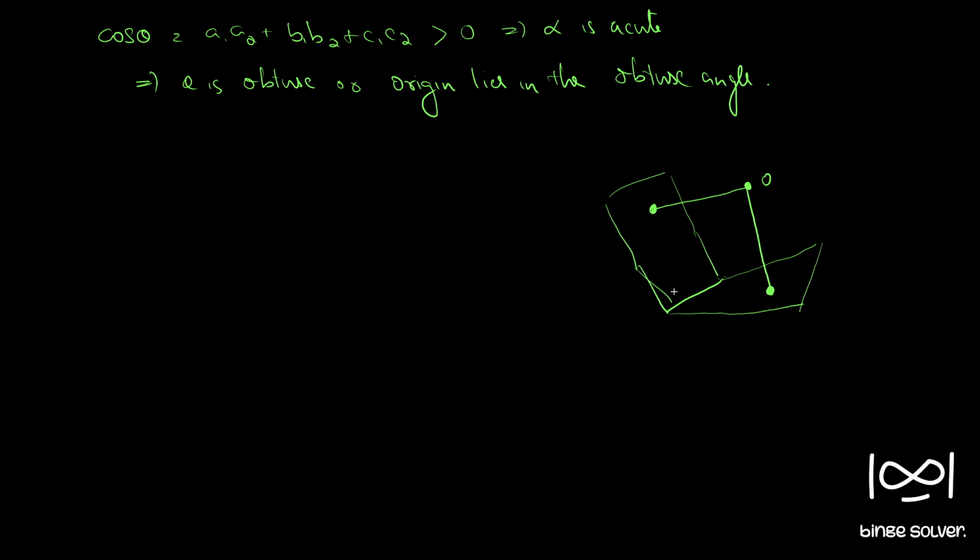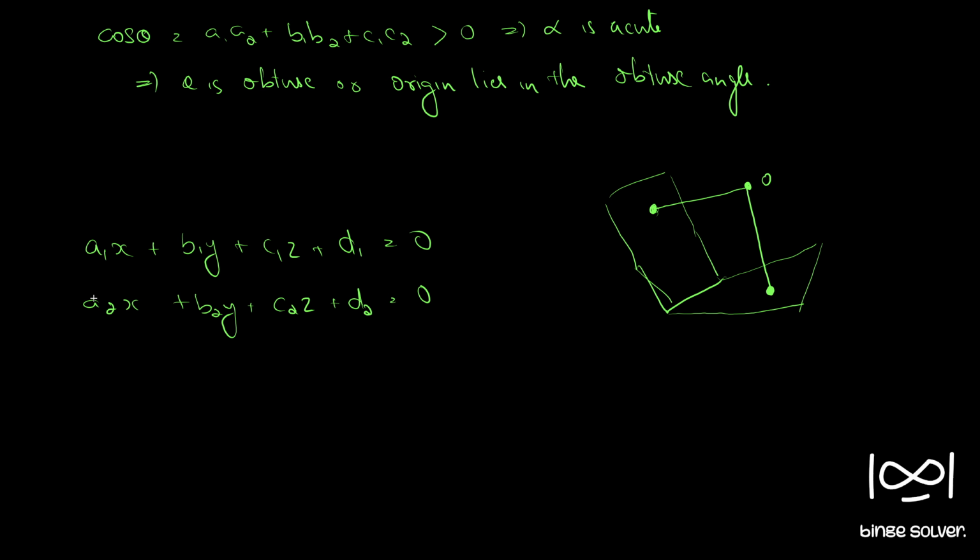Now there is a formula for finding the foot of perpendicular. What is that? Our planes are a1x plus b1y plus c1z plus d1 equal to 0, and a2x plus b2y plus c2z plus d2 equal to 0.